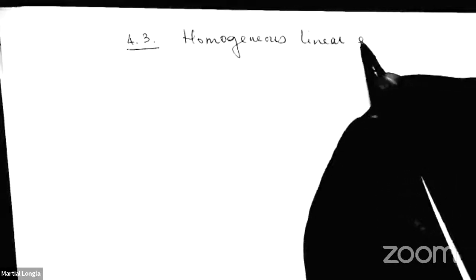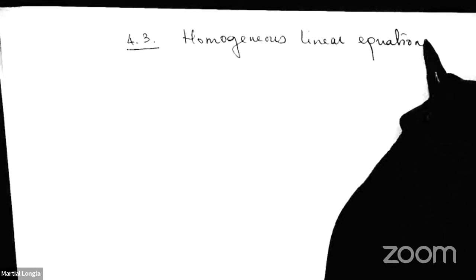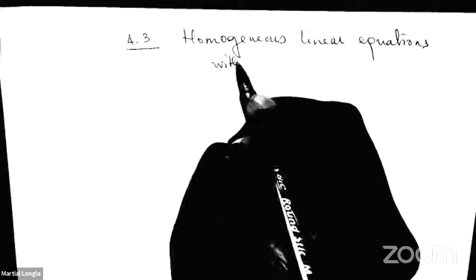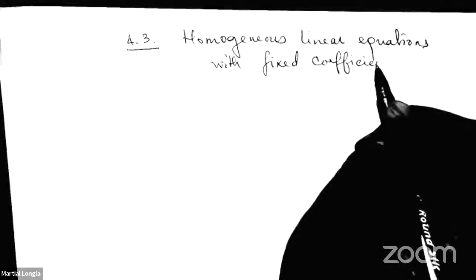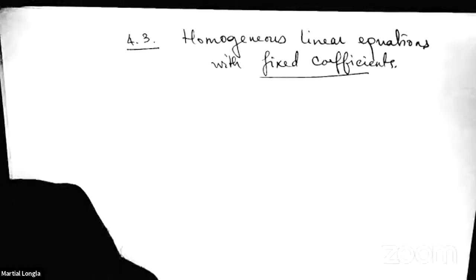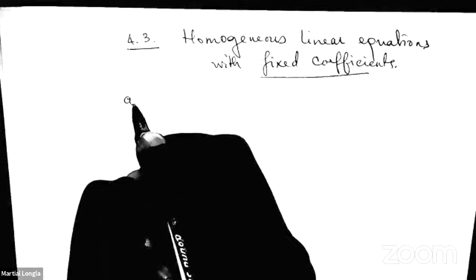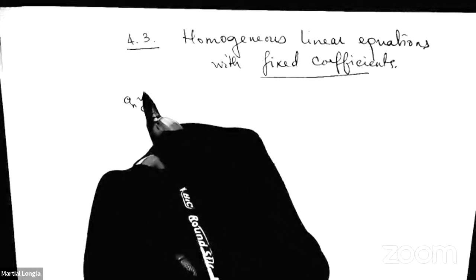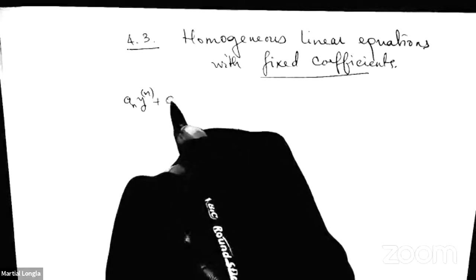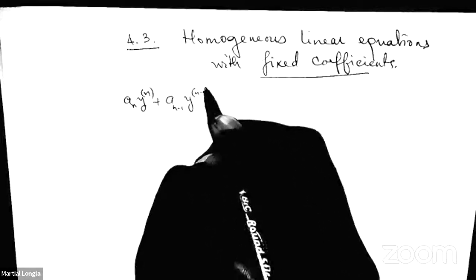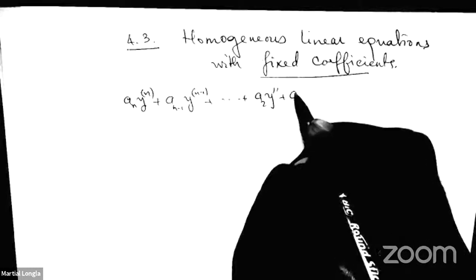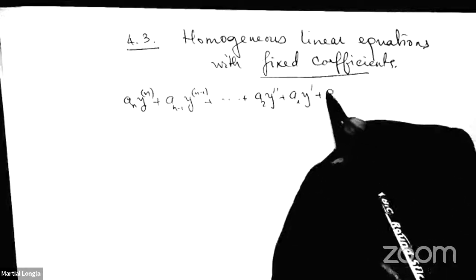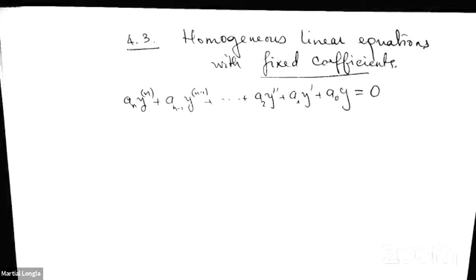Homogeneous linear equations with fixed coefficients. So those are equations of the kind a_n y^(n), the nth derivative, plus a_(n-1) times the (n-1)th derivative, all the way down to a2 y second derivative, plus a1 y prime, plus a0 y equals 0.